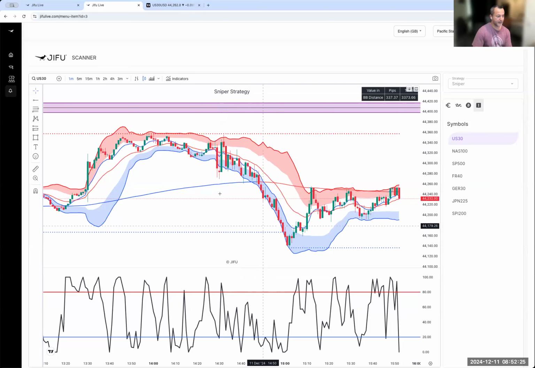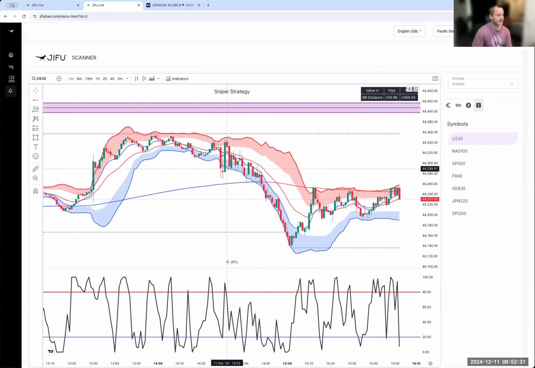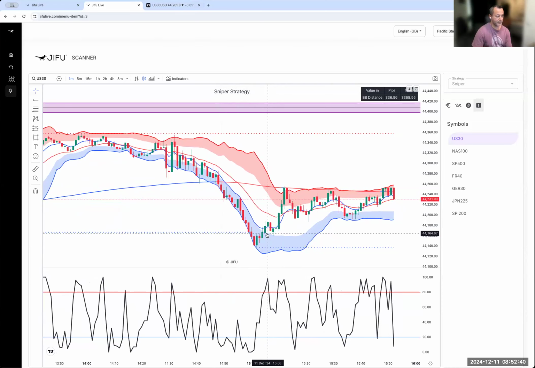Now, obviously, we did go down 150 pips or so, but like I said, this thing likes to target the previous session's highs and lows, and so here's the low. So I would be interested in looking at a sell here, right?